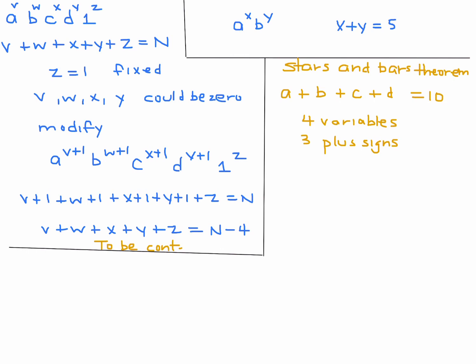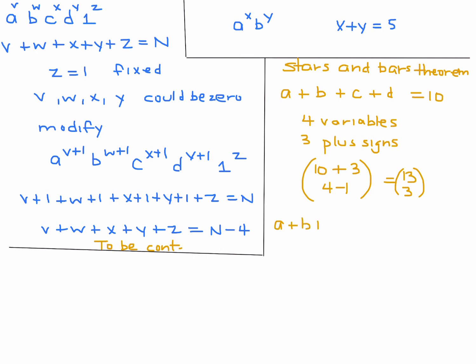So what you do is you take that 10 and then you add to it how many plus signs you have, in this case 3, and it's choose notation, and it would be choose the number of variables minus 1. So in this case, it would be 4 minus 1, and this is 13 choose 3, and whatever that number comes to.